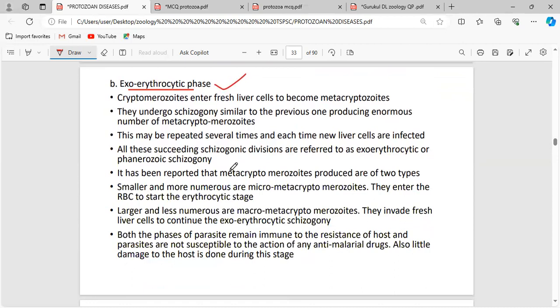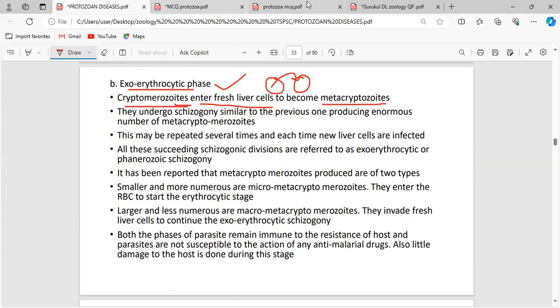Now, in the exo-erythrocytic phase, the cryptomerozoites enter fresh liver cells. After completing one liver cell, they enter another liver cell. There, the cryptomerozoites are converted into metacryptozoites.